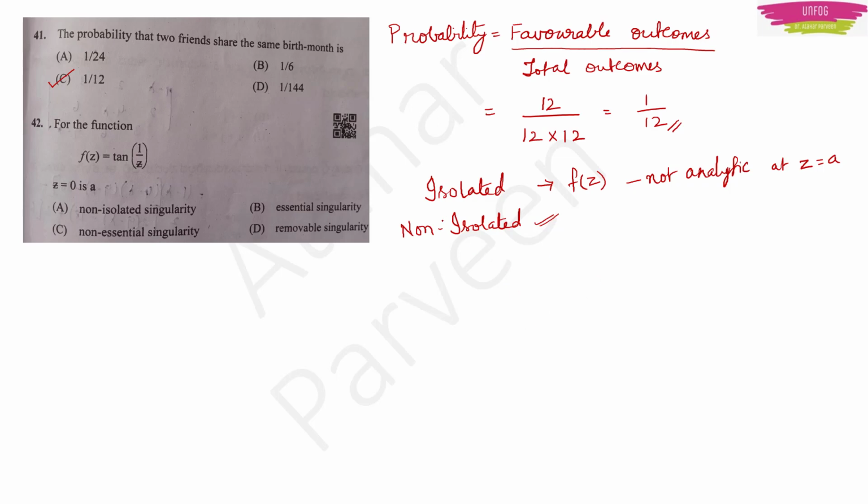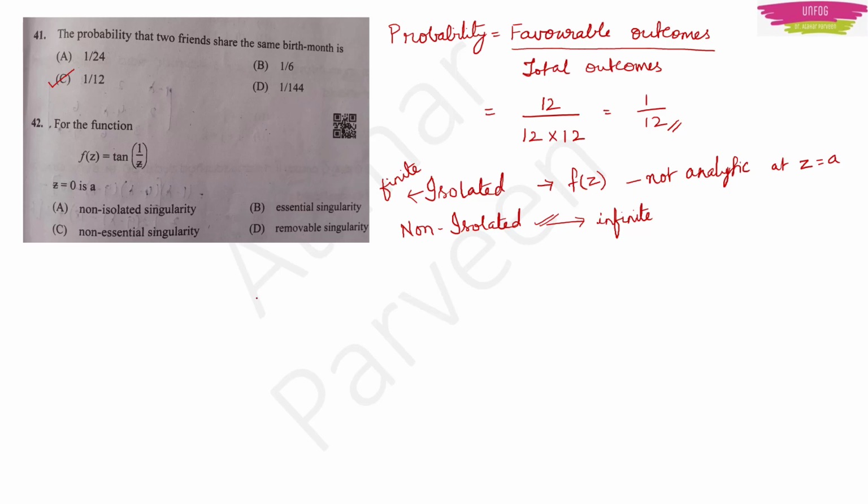Isolated singularities have finite singular points, and non-isolated singularities have infinite singular points. So this is the simple trick to find whether the given function is isolated singularity or non-isolated singularity.